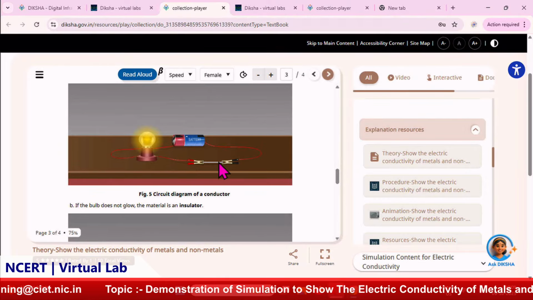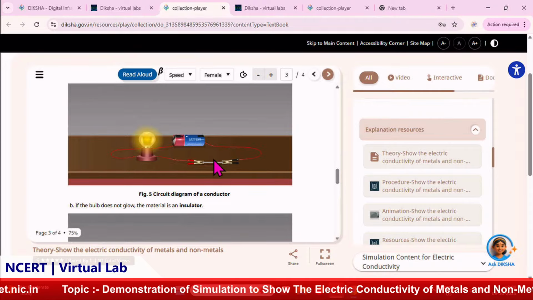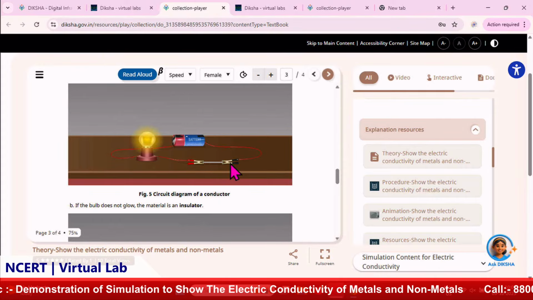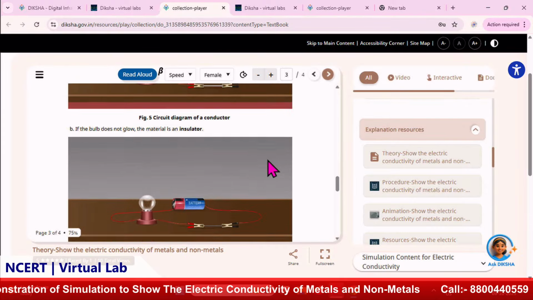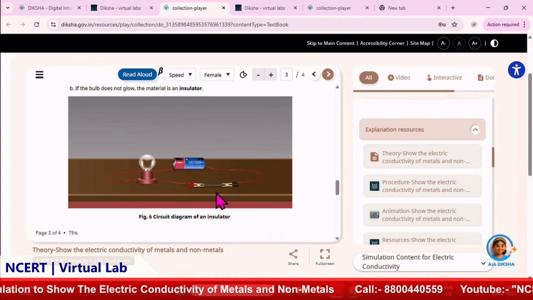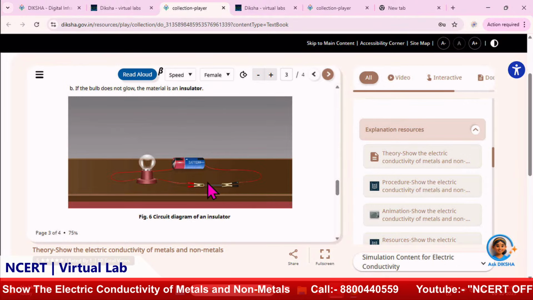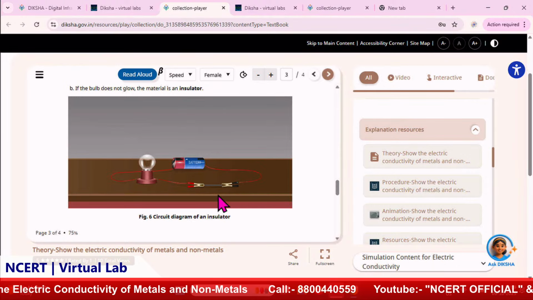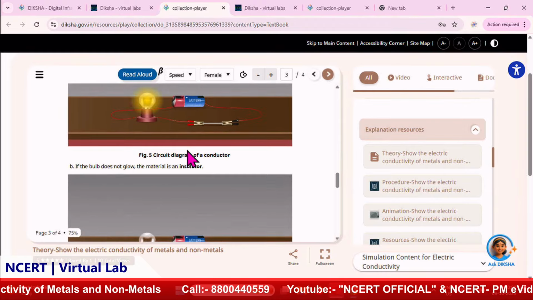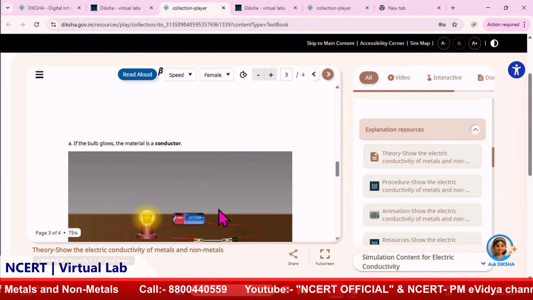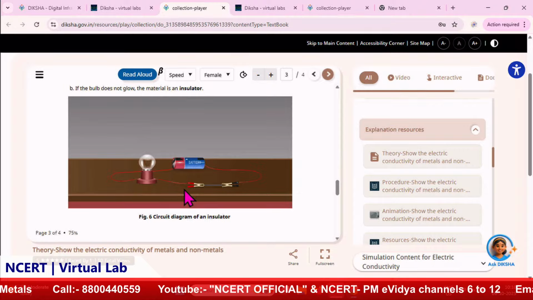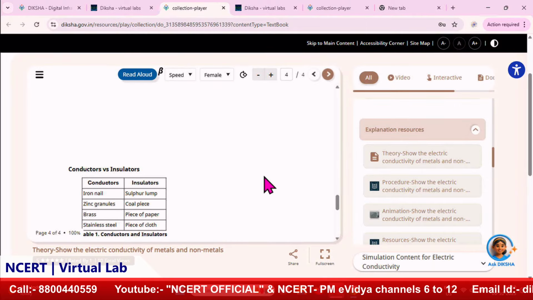You can see this basic circuit, and one by one between this socket we can put metals like an iron nail. Now to test whether it is a metal or an insulator, we can simply test it one by one, and for those materials which allow the electric current to pass through, you will see the bulb will glow, and in the insulator case, the bulb will not glow. So this is the experiment.